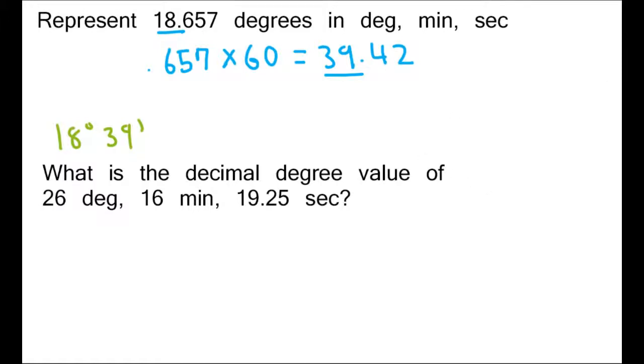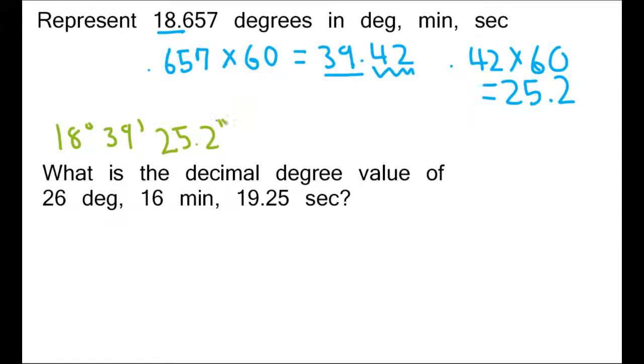And back to the blue color, and we take this 0.42 and multiply it by 60. So that's 0.42 times 60, which is 25.2. And at this point, we can't do anything with the 0.2, so we just leave it in that fashion, 25.2 seconds. So 18 degrees, 39 minutes, and 25.2 seconds.